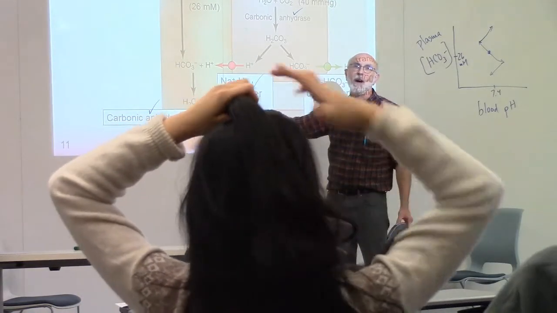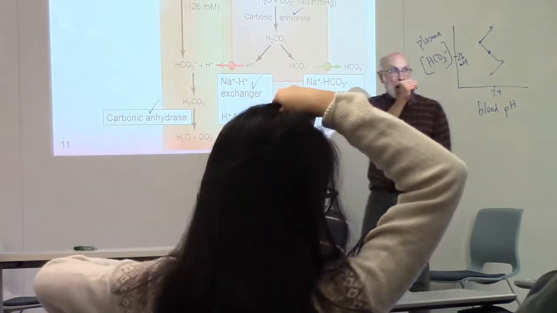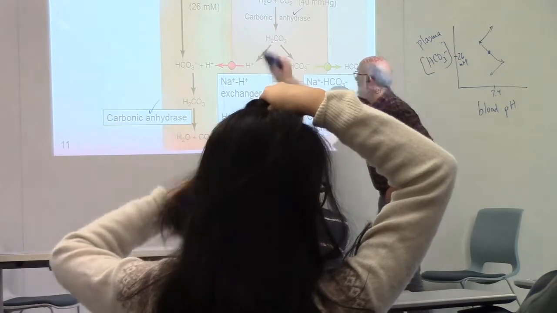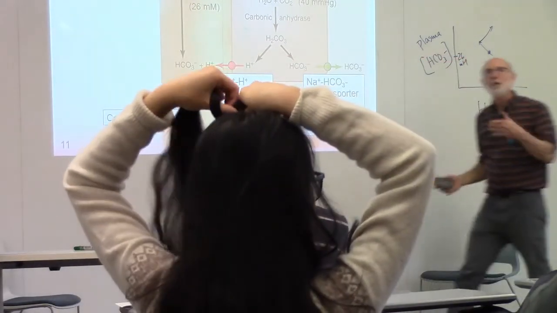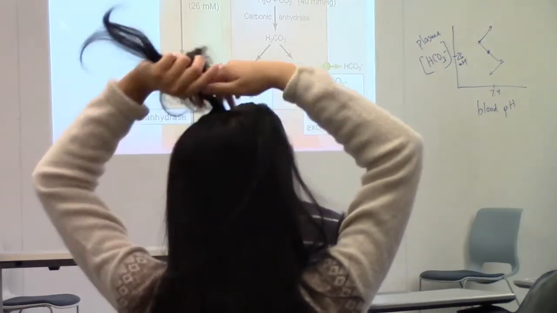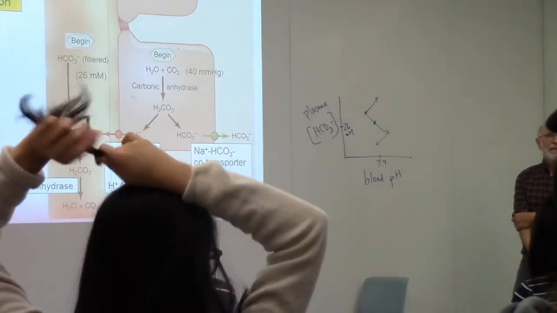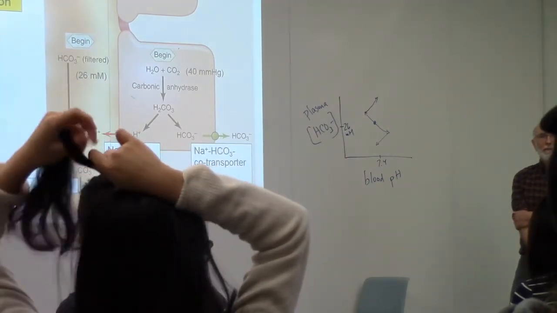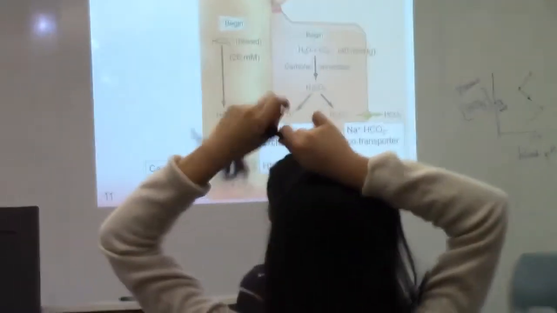CO2 can move wherever it wants, but bicarbonate can't. Okay, if we need to, we'll come back to this on Tuesday, after you've wrestled with it in the problem set. There's value to wrestling with information, coming to an answer.